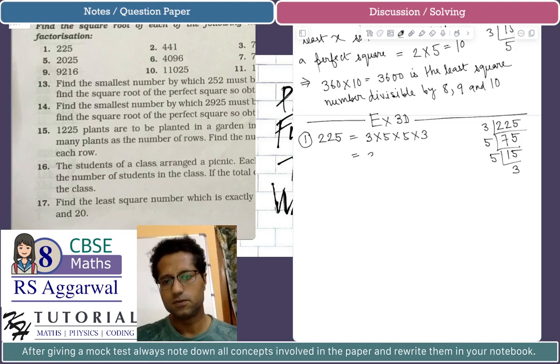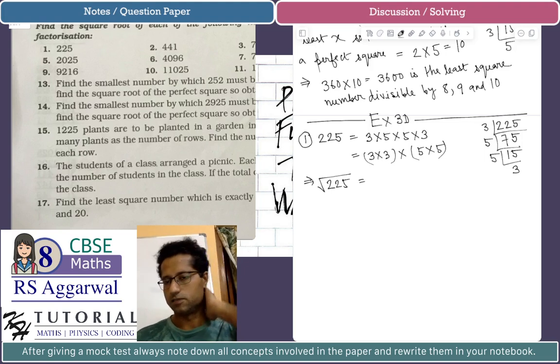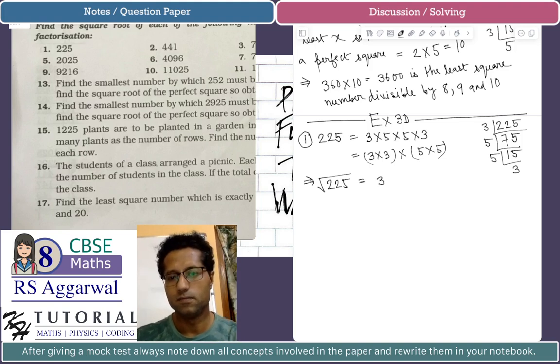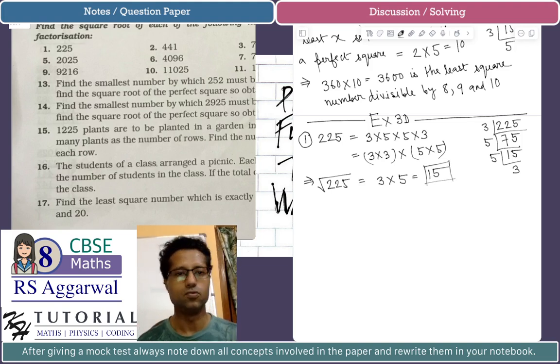So this becomes 3 multiplied by 3, this is one pair, and another pair is 5 multiplied by 5. So the square root of 225, from the prime factorization expressed in the form of pairs of equal factors, I will take one factor from each pair. So this is 3 multiplied by 5, equal to 15. So 15 is the square root of 225.